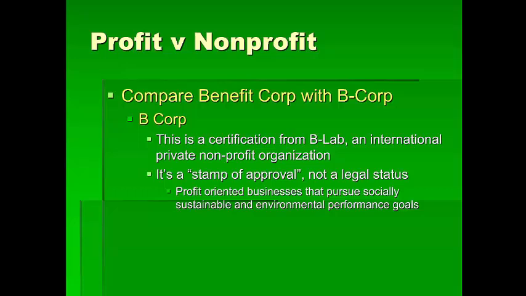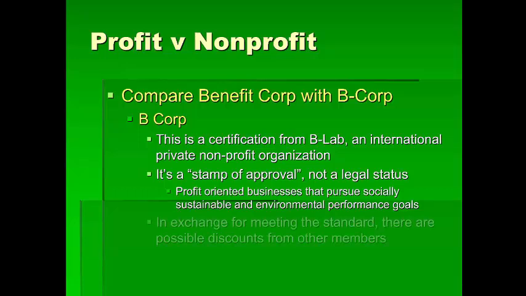If you have a profit-oriented business and you are pursuing socially sustainable and environmental performance goals, then if you meet their standards, you possibly get discounts from other members, and it helps with your branding. You'll attract a certain clientele who are interested in the same purposes and causes.